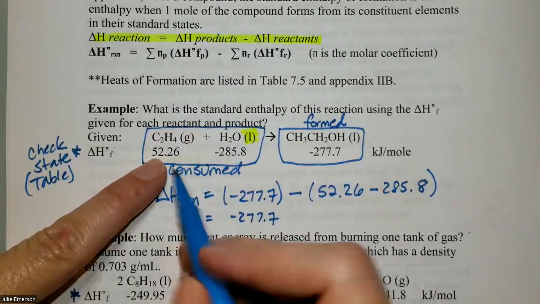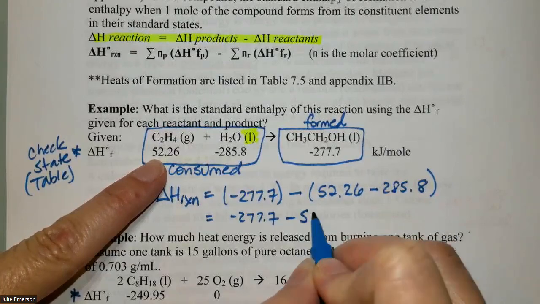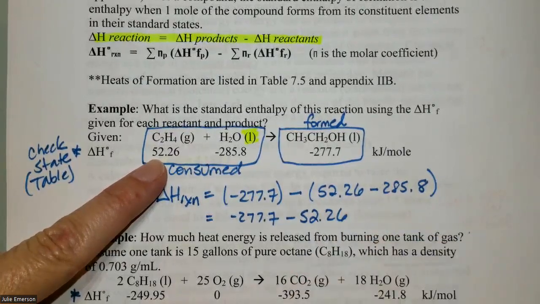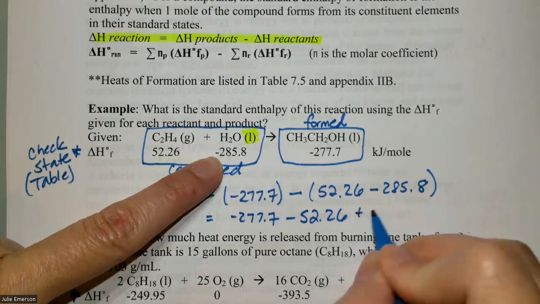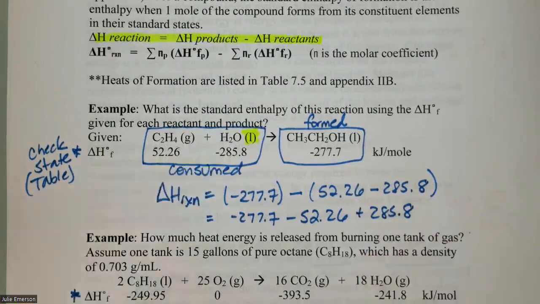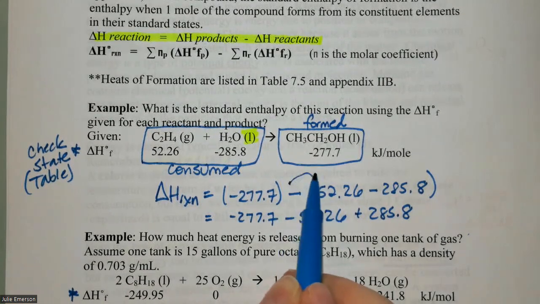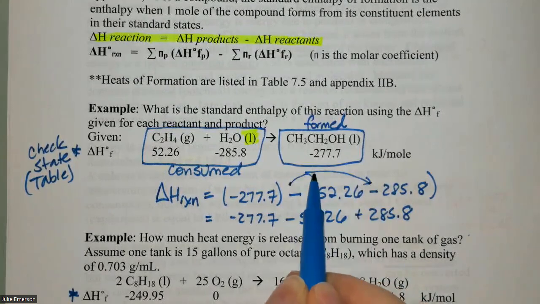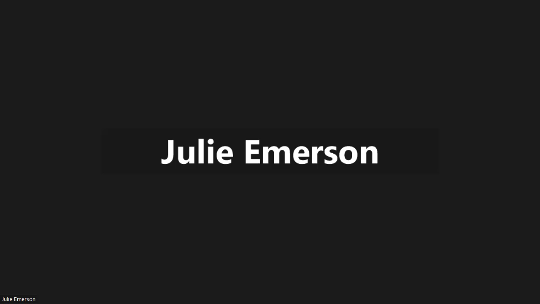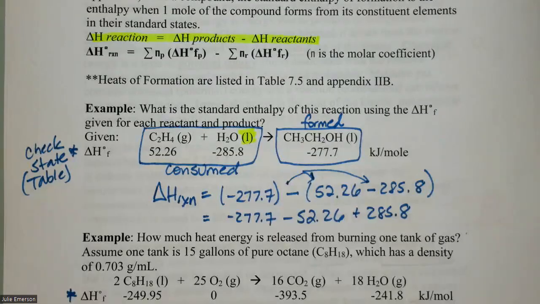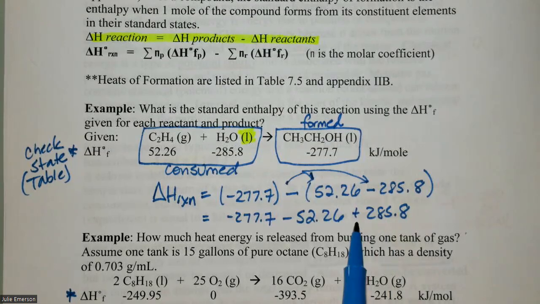So instead of a positive 52.26, it becomes a negative 52.26. And instead of a negative 285.8 for water, it becomes a positive 285.8 for water. All I did is distribute that negative inside the parentheses, so when you minus the negative of 285.8 for water, it becomes a positive.